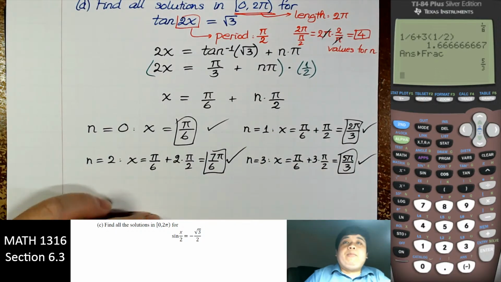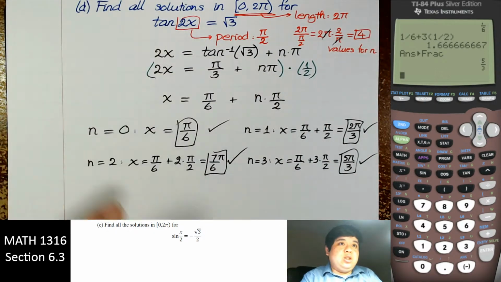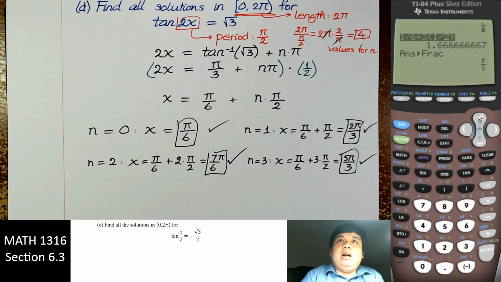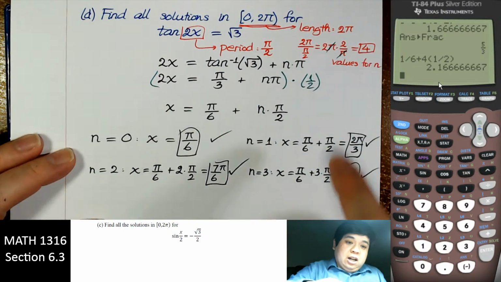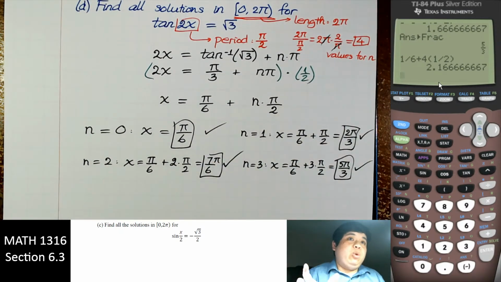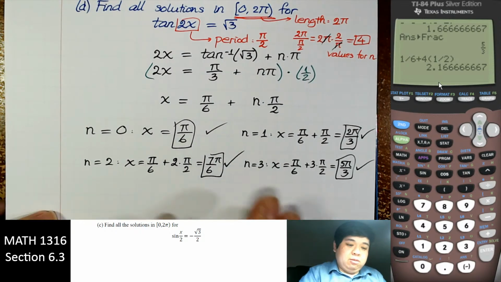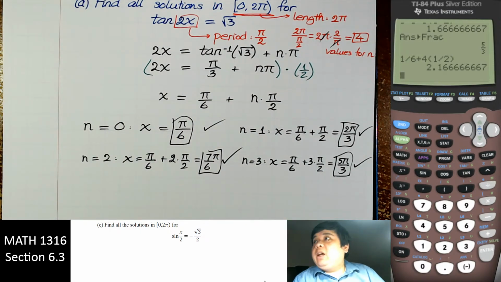It also works. And we have 4 values for n, so we have 4 solutions here. Of course, they say, can it be more? Oh, if we put 4 here, this is more than 2, so it's not in 0 to 2 pi anymore. So take the length, divide by the period, and we have how many values of n we can use. In this case, there are 4 of them. So once we find 4 of them, that's all. Right.